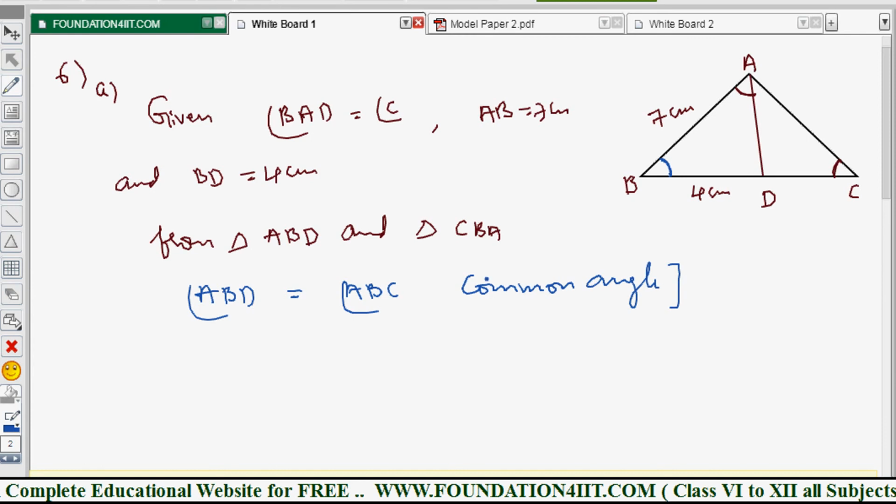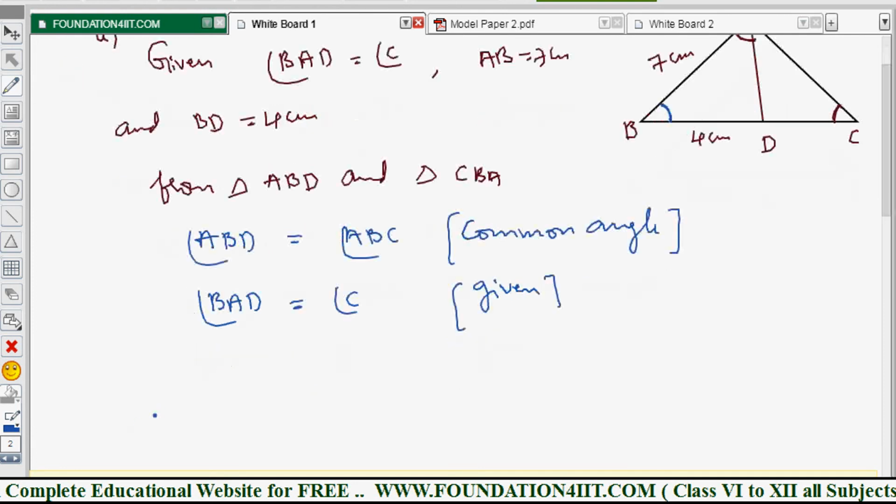To prove the similarity, we should use an axiom. Angle BAD is already given as equal to angle C from triangle CBA. Whenever two angles are the same in two triangles, then the triangles are similar.